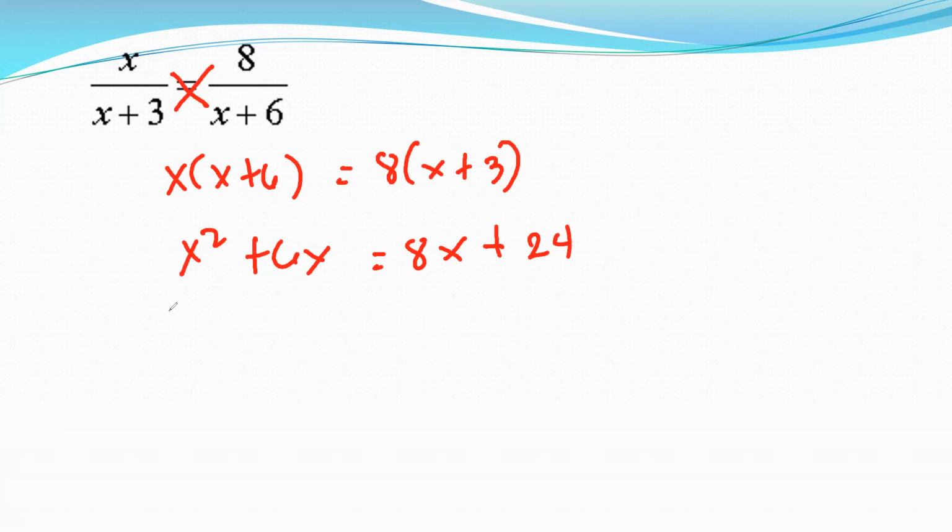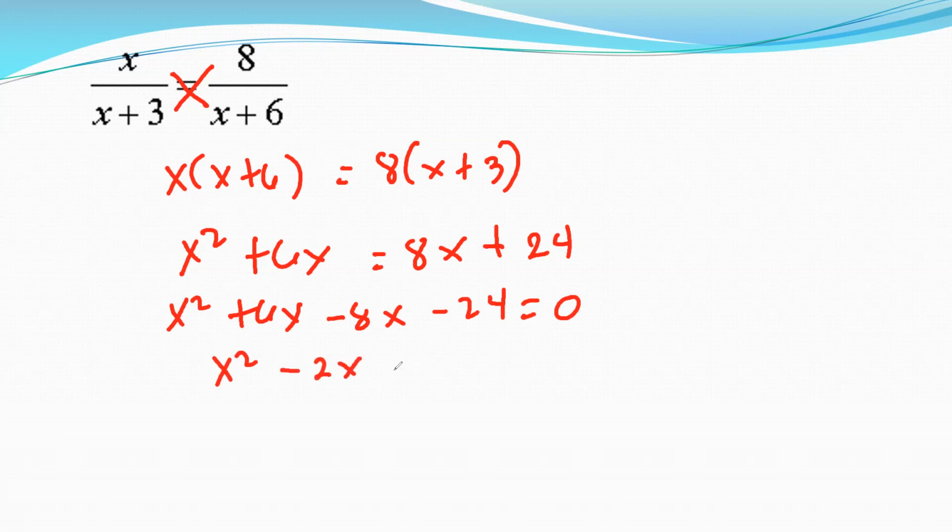Okay? So in this case, let's try if we can do the factoring. So put all the terms on the left side of the equation. That will leave you the right side, which is equal to 0. Then this will become x squared minus 2x minus 24 equals to 0.